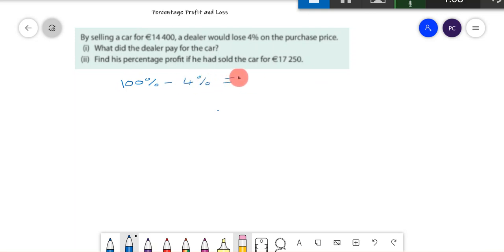So it's equal to 96%. So the way we can lay this out then, we can say that 96% is equal to €14,400.